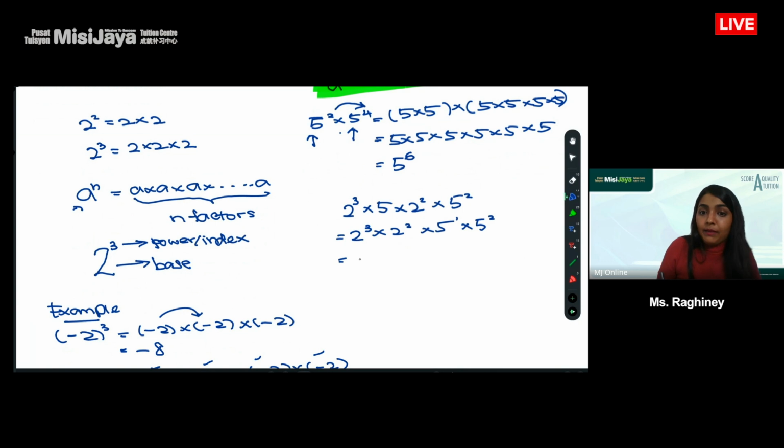We can add them. 2 to the power of 3 plus 2 times 5 to the power of 1 plus 2. So we get 2 to the power of 5 and 5 to the power of 3. Okay. Multiplication becomes plus, basically.